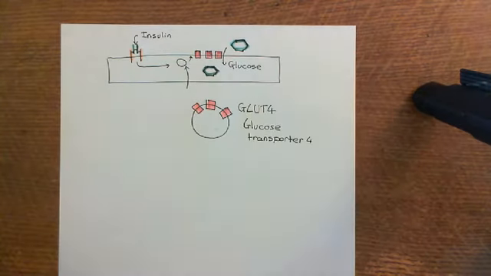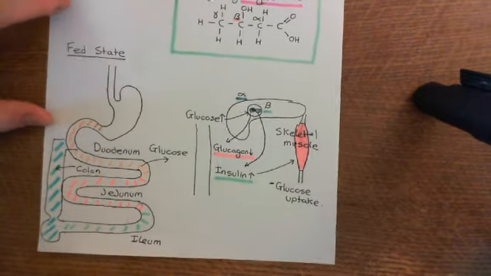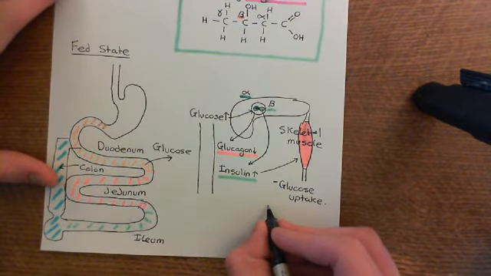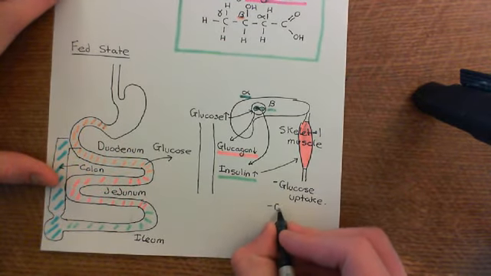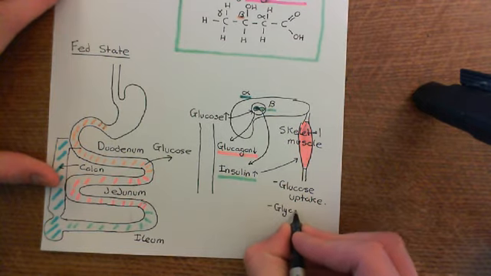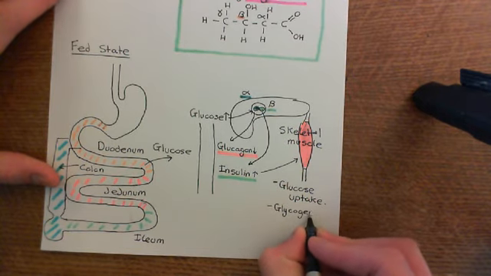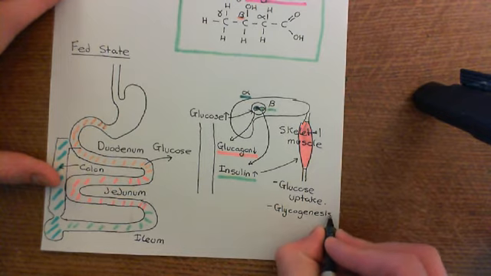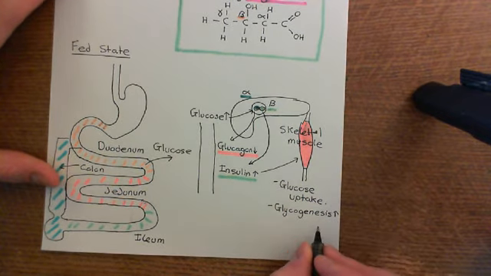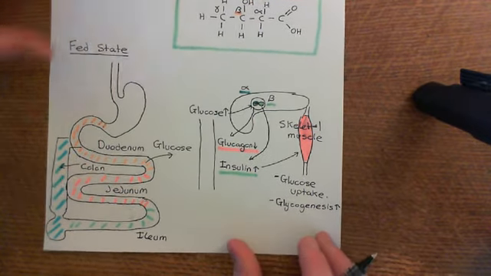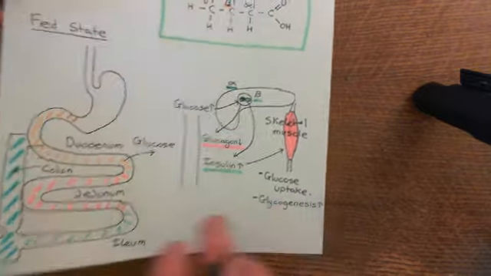Now, you're not just going to increase glucose uptake into the skeletal muscle cells, you're also going to actually do something with this glucose. You're going to build it up into glycogen. The insulin receptor is also going to activate glycogenesis, just as it does within the liver cells, which we've already discussed.